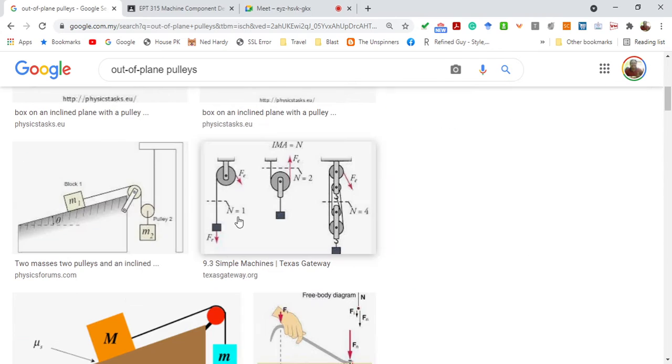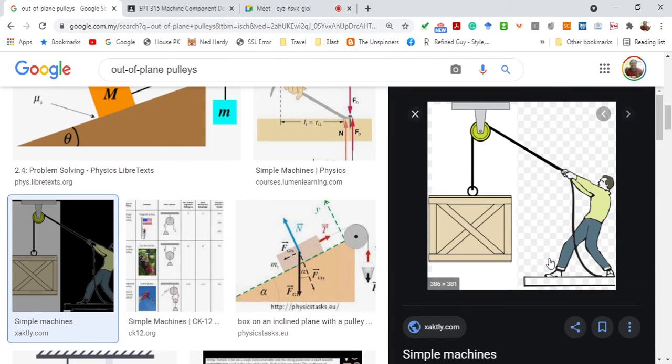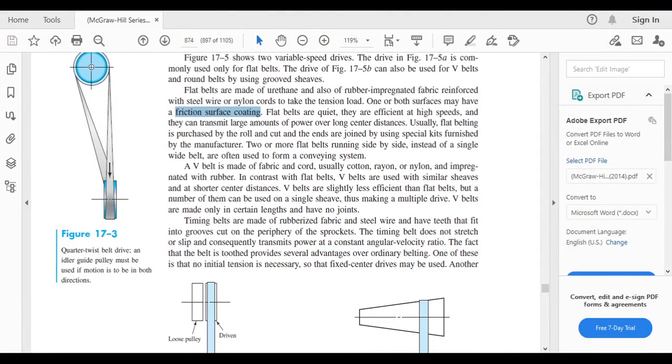See this person using the pulley; he is far from the pulley. This is long center distance. Short center distance is like your motorcycle or your bicycle, everything is short. But what we are talking about now is a long center distance. And the operation is quiet.